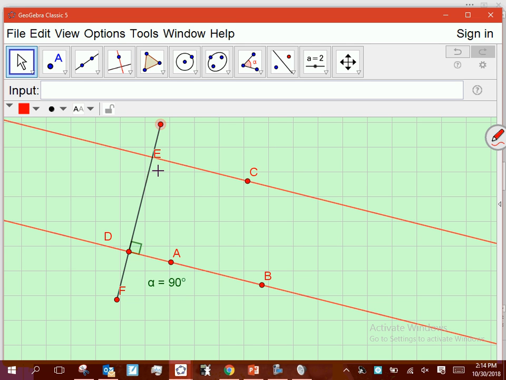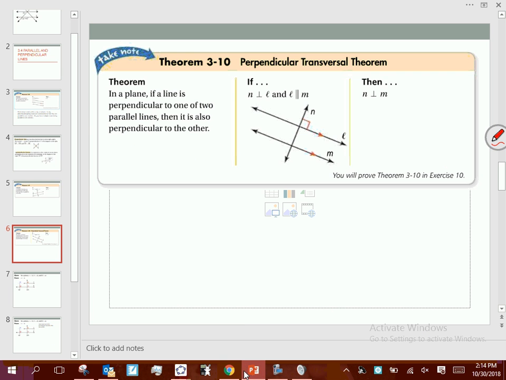Perpendicular. So we just talked through the proof of that theorem: if you have two parallel lines and your transversal is perpendicular to one of them, then it's perpendicular to both of them. Hopefully that's an obvious idea, but it's a theorem that we'll use quite a bit.